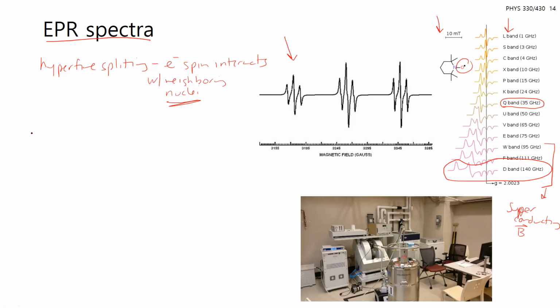This is just a picture of what an EPR looks like, where the magnet is and the microwave cavity with the sample is shown here. If you're walking through a room and you're not sure what an instrument is, and you see a sample area that looks like this hooked up to some liquid nitrogen, then you can tell that's an EPR instrument. We do have one in the biophysics department over in the medical school.